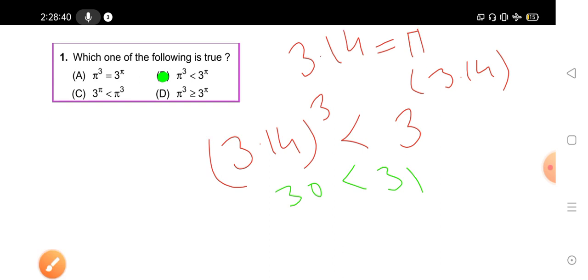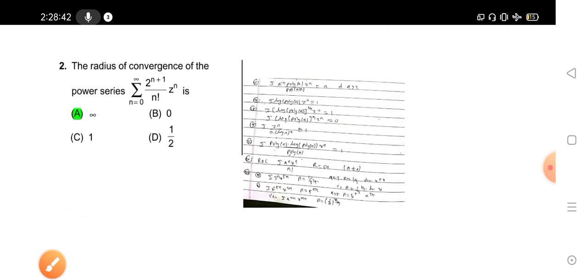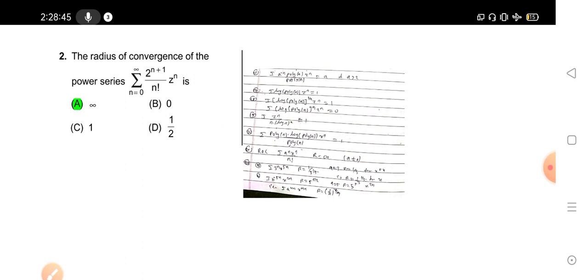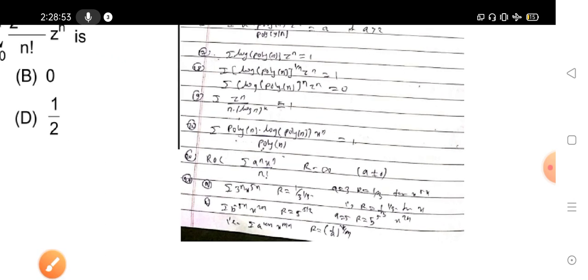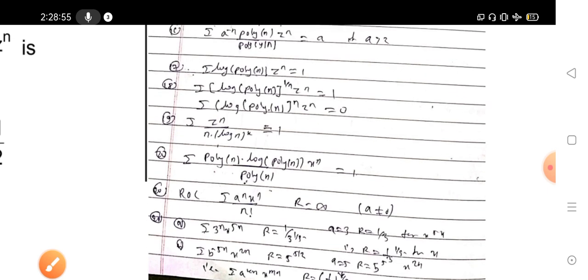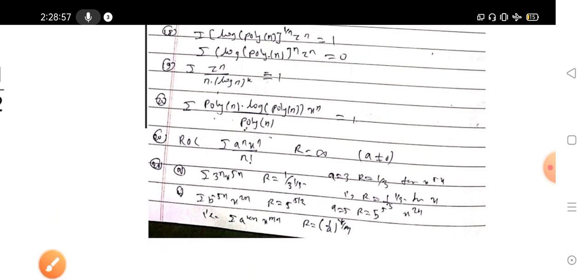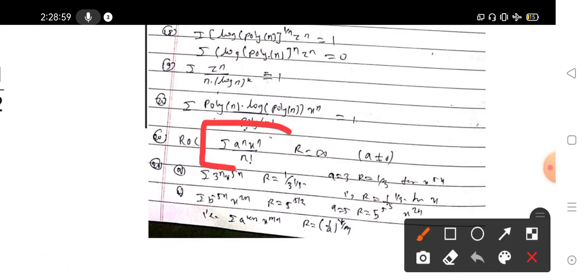Next question: the radius of convergence of the power series sum of 2 raised to n plus 1 upon n factorial into z raised to n. Here is one formula, to note: the radius of convergence of sum a raised to n into x raised to n upon n factorial, where a is non-zero, is infinity.